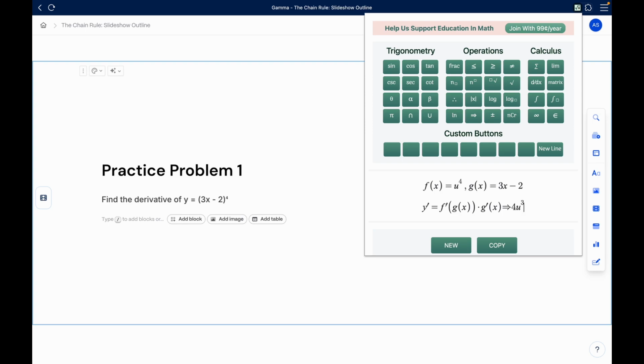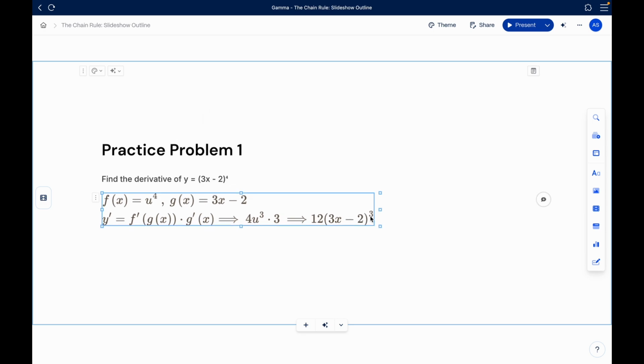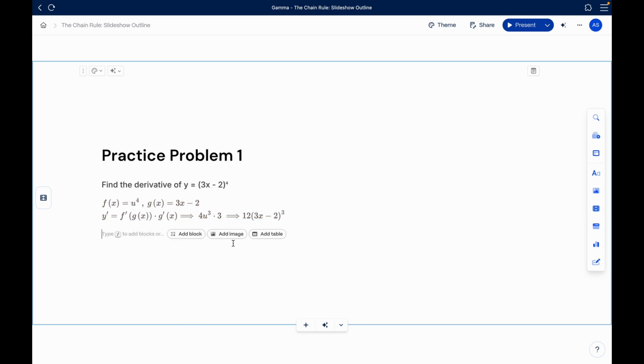Then we multiply this by the derivative of g of x. After that, we substitute u as 3x minus 2. Since we have 4 and 3, that will multiply to be 12. So we have 12 times 3x minus 2 to the power of 3. It's pretty simple when you do the examples, and that's pretty much the entire solution.